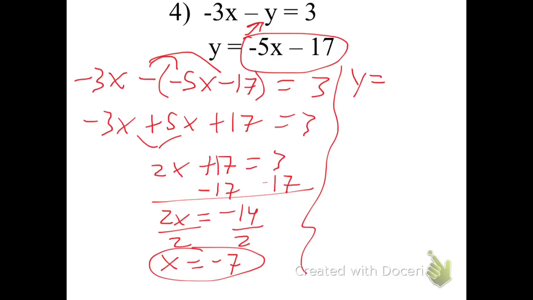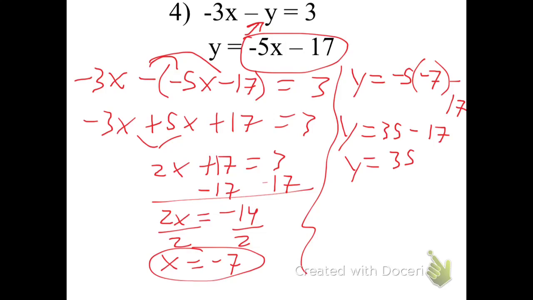So I got y equals negative 5. I'm going to plug in x, which is negative 7. And I got minus 17. Sorry, I'm running out of space on that side of the screen. But when I combine stuff, it's going to be pretty easy. So I got y equals negative 5 times negative 7 is positive 35. Minus the 17. Still, I have y equals... Hold on.